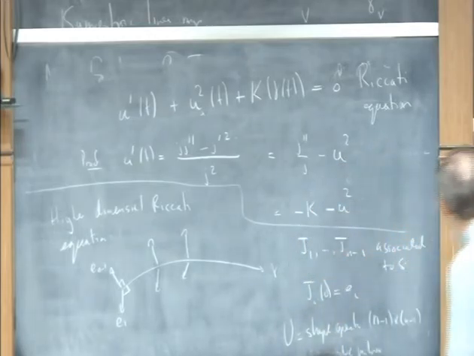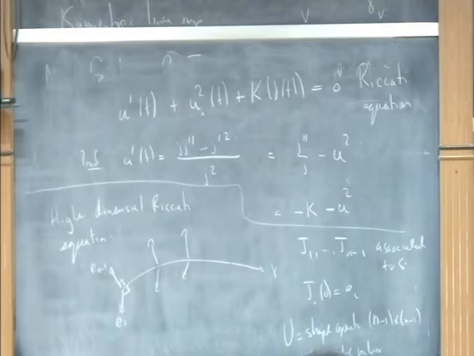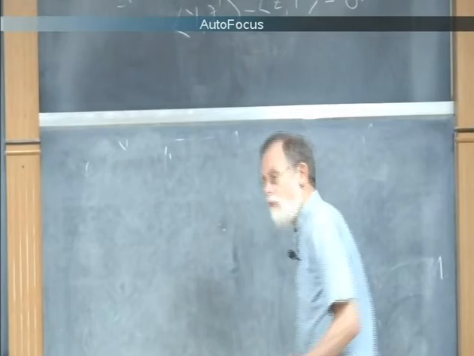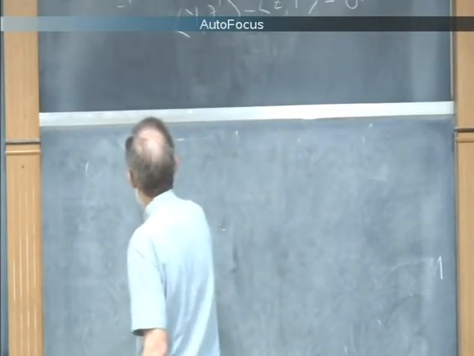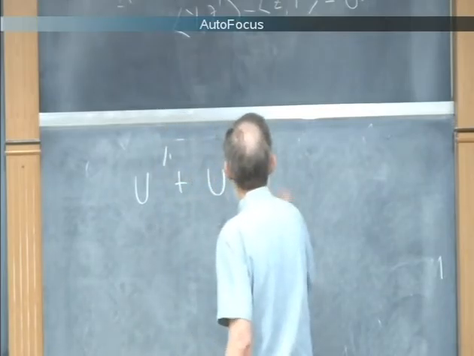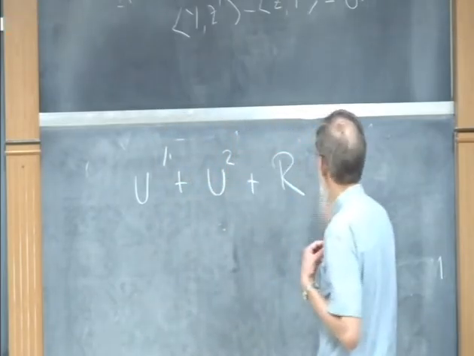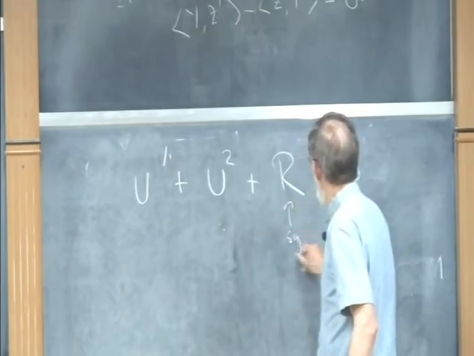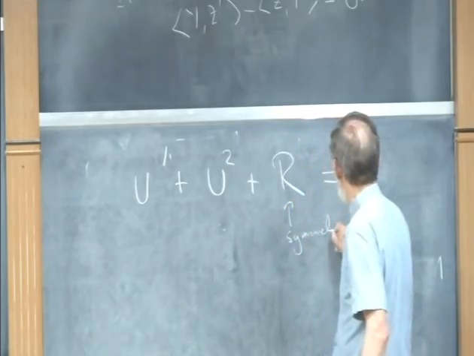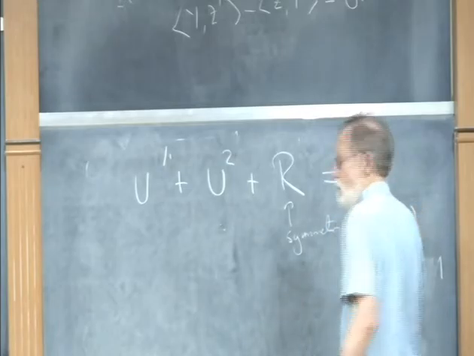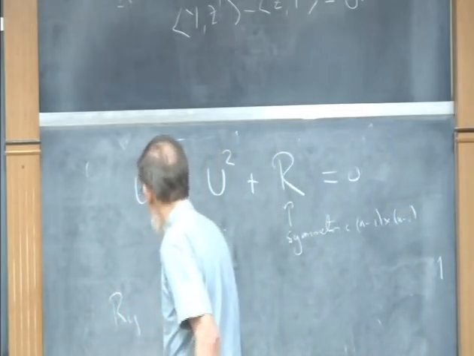And then you do the same, you look at the Jacobi equation. If you do the calculations, you get the derivative of U plus U squared plus the sum matrix is equal to 0. This matrix is symmetric, and it's n minus 1 by n minus 1.